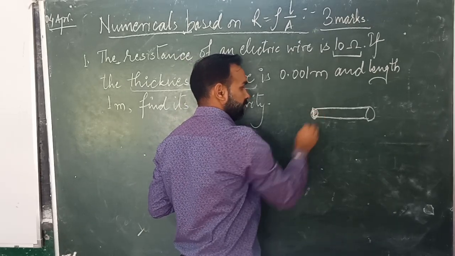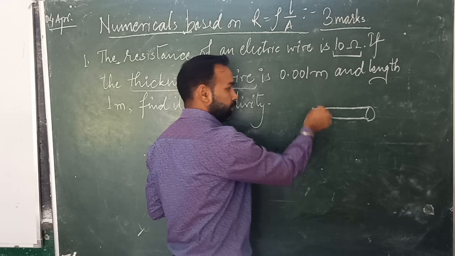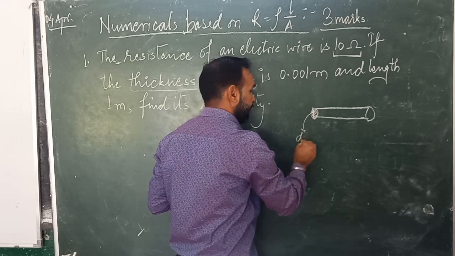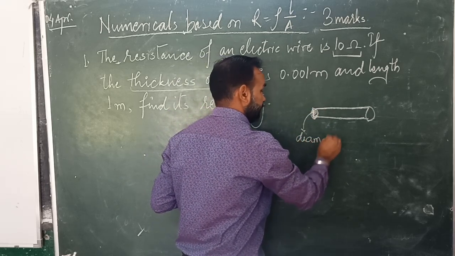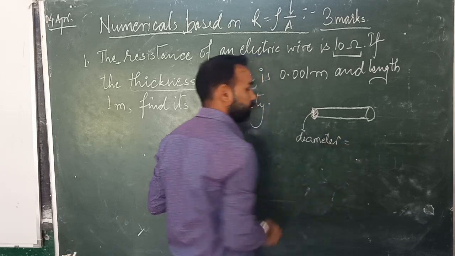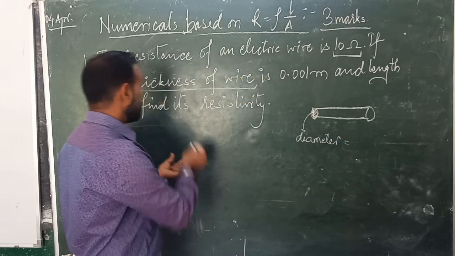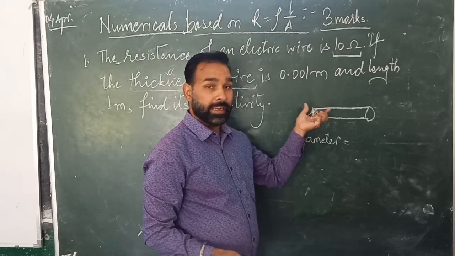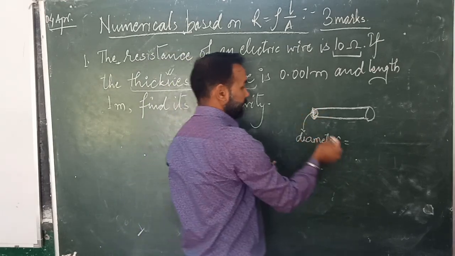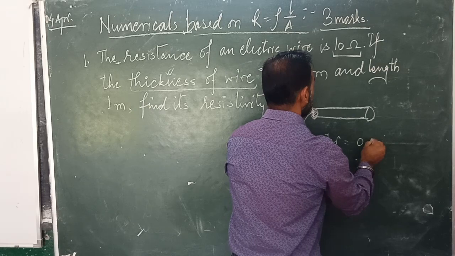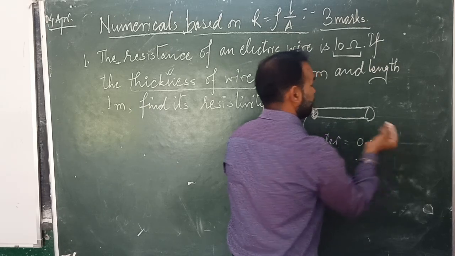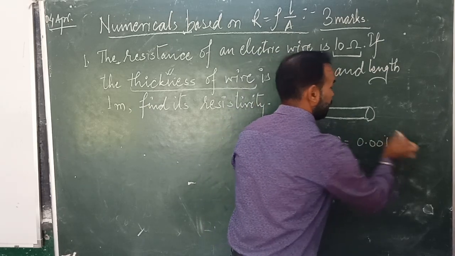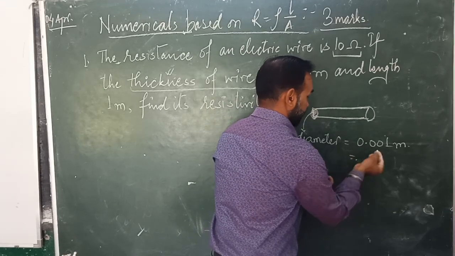This is a circular shape, so it will be a diameter. Remember this, thickness symbolizes the diameter of the wire. It is given to you as 0.001 meter.